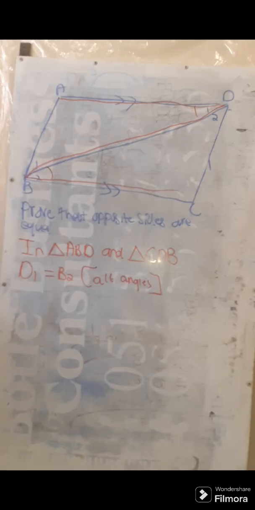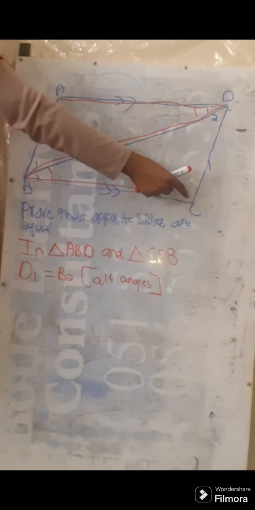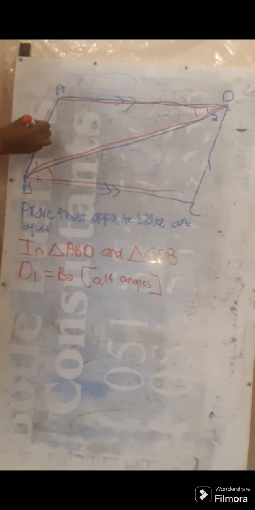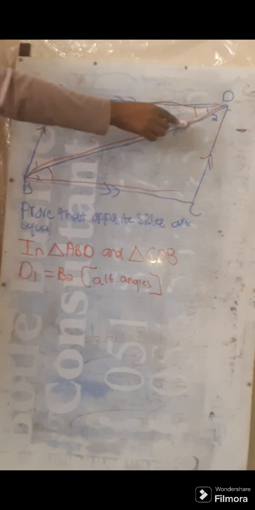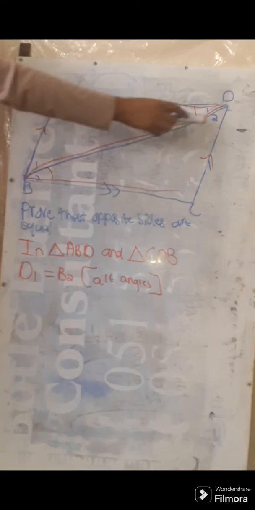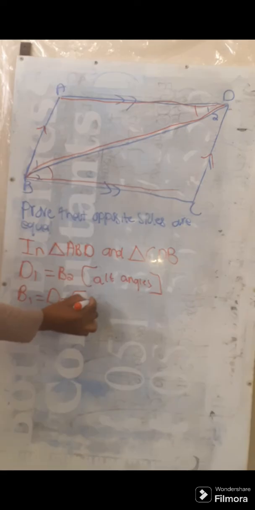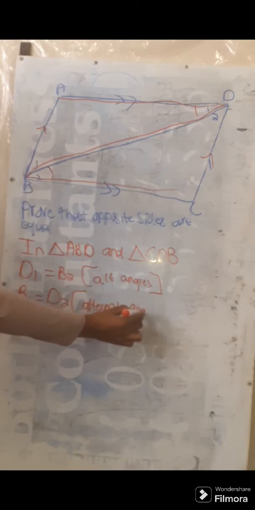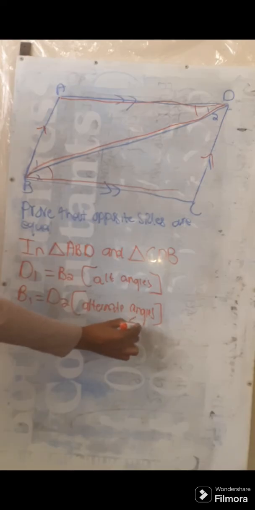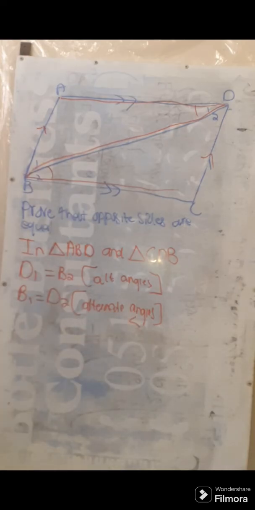And then the other one is that when you go from this, they are also parallel. When you go from here, you're going to find that D2 is also equal to B1. So B1 equals D2, and that is also alternate angles. You can also write angles like this, that means an angle.